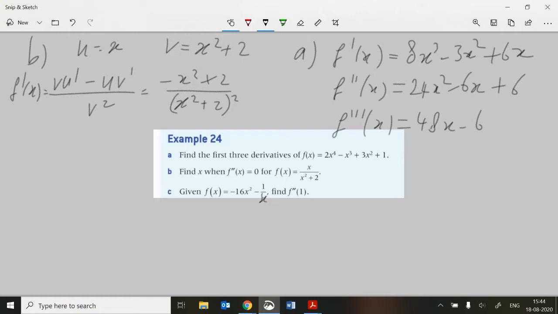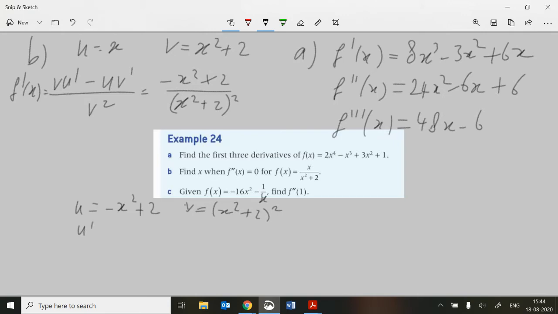Now when we go to differentiate this again, we're going to set up the same thing again. We're going to say u is equal to minus x squared plus 2, and v is equal to x squared plus 2 squared. I don't really want to multiply that out, so I can use the chain rule for this one.